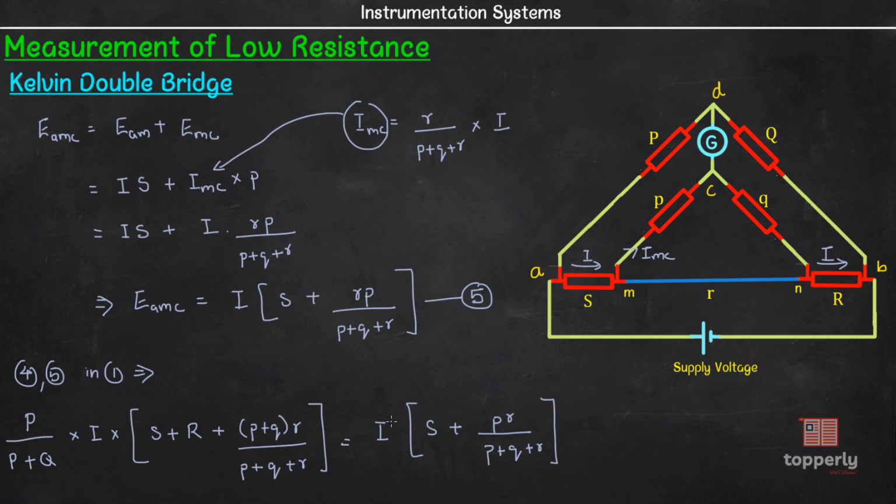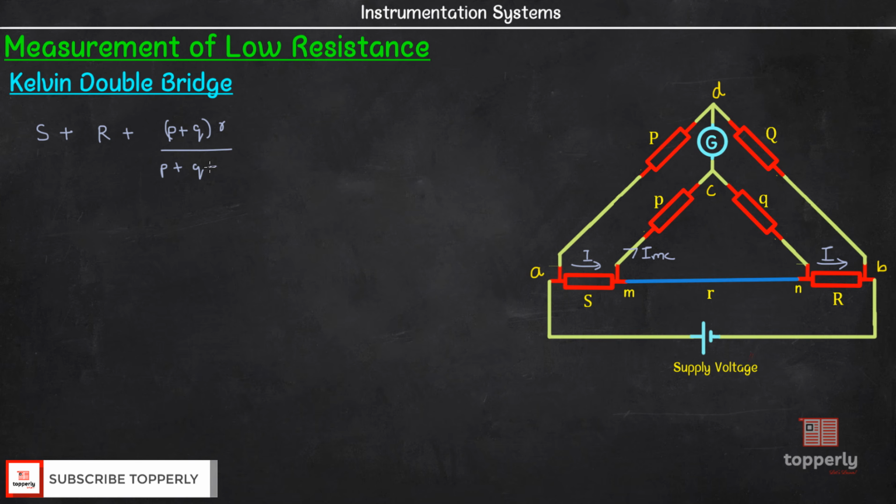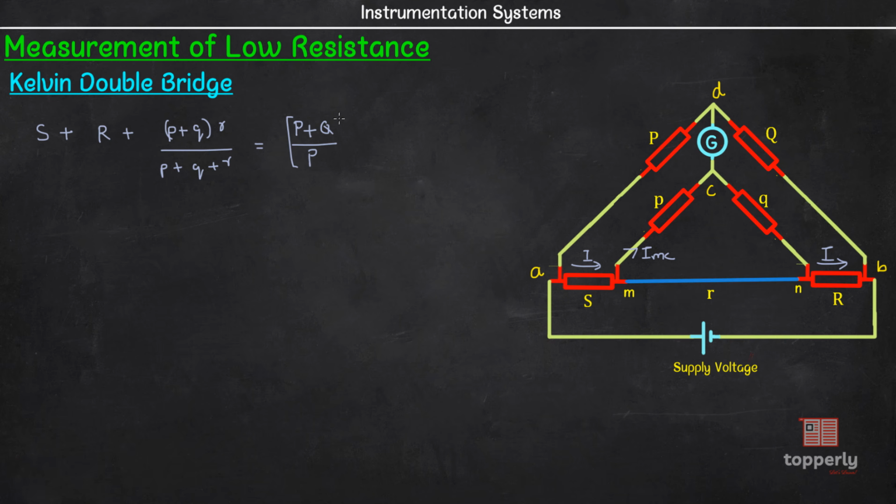So I is common in both LHS and RHS, therefore we can cancel them. And also bringing this p by p plus q to this side, this equation becomes S plus r plus small p plus small q into small r by small p plus small q plus small r is equal to capital P plus capital Q by capital P into capital S plus small p into small r by small p plus small q plus small r.